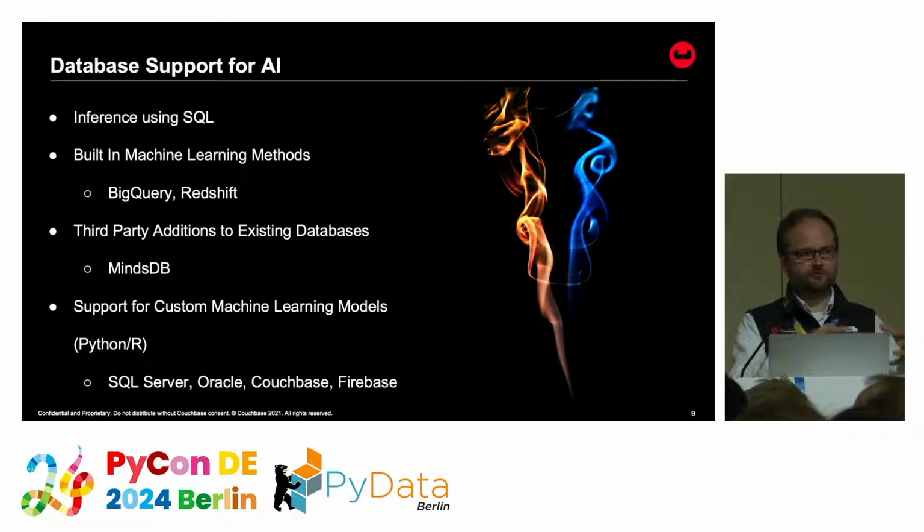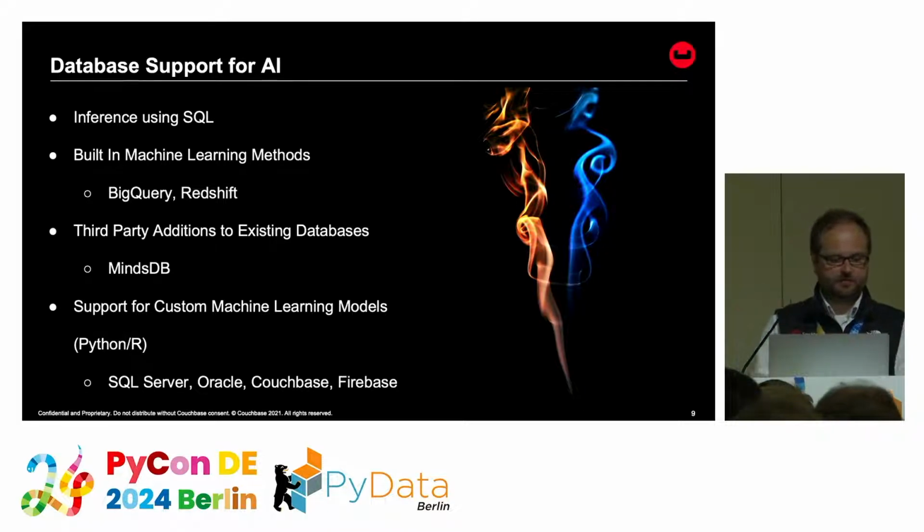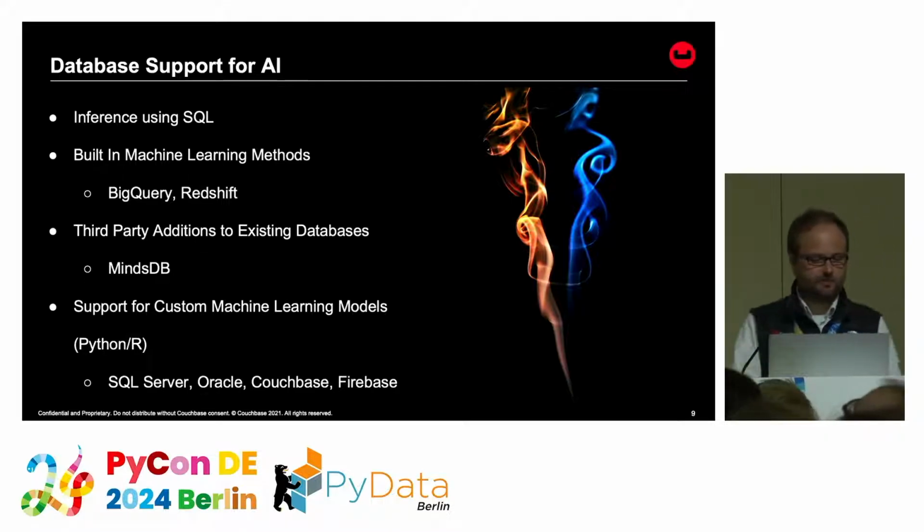You can have your normal database and you plug in something above, like a translation layer. This is, for example, MindsDB. And last but not least, support for custom machine learning models, something you develop, and you can put it into the database and upload it there. Examples for this: SQL Server, Oracle, Couchbase, and Firebase.